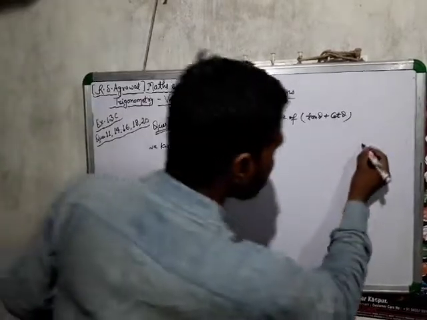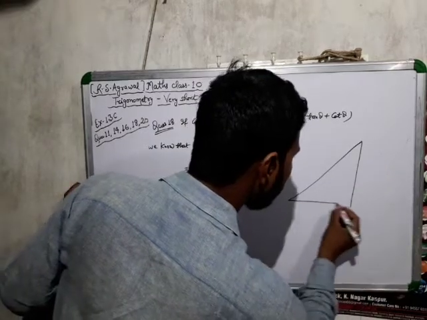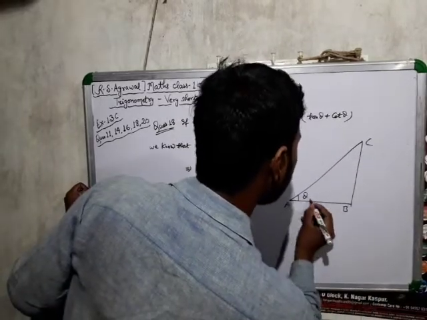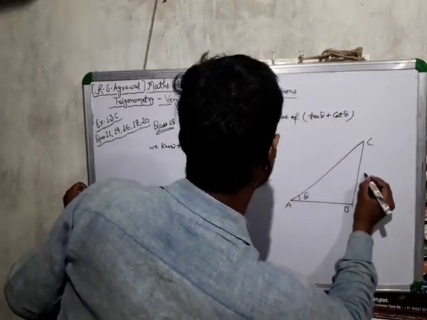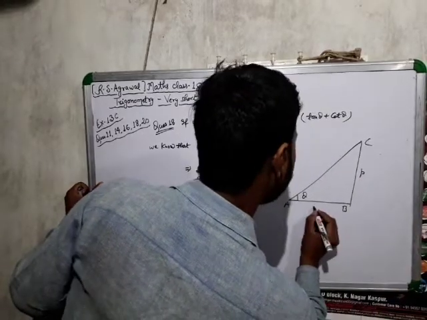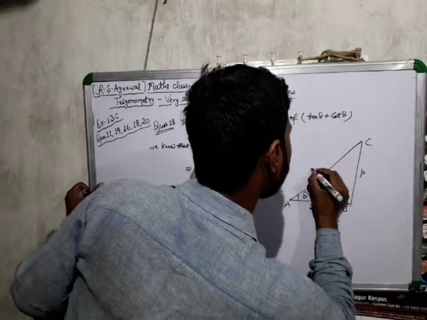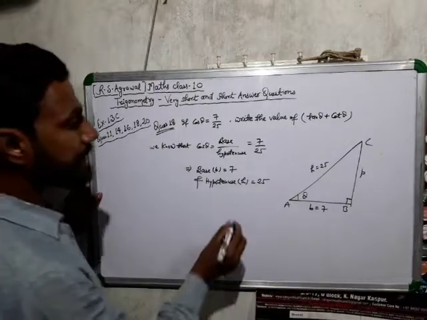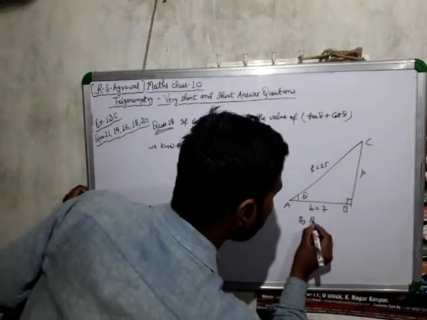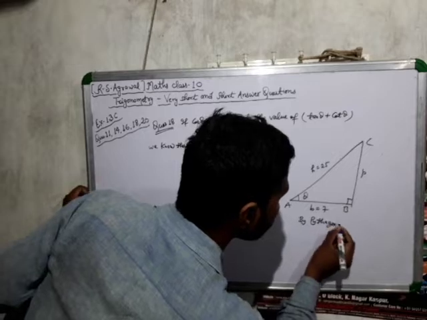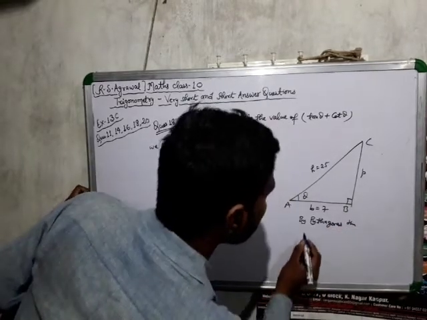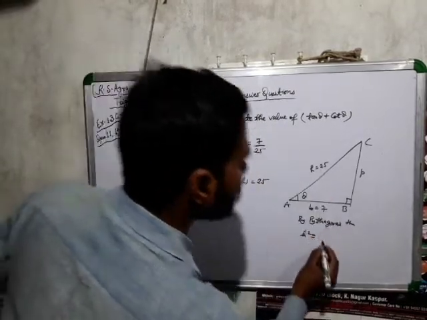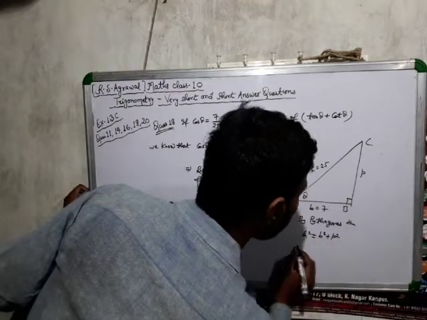We know that in right angle triangle ABC, and this is theta, then it is perpendicular, base is equal to 7 and hypotenuse is equal to 25, and B is the right angle. Then we can take Pythagoras theorem. To find the perpendicular, hypotenuse square is equal to base square plus perpendicular square.